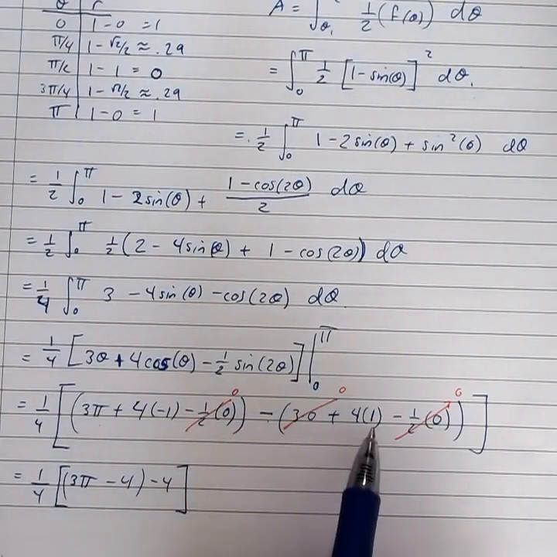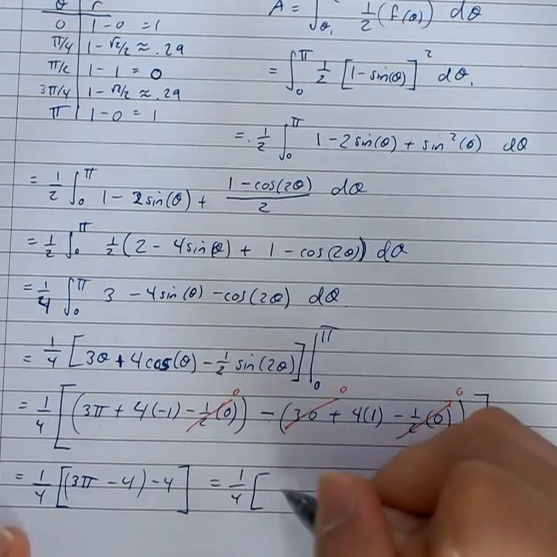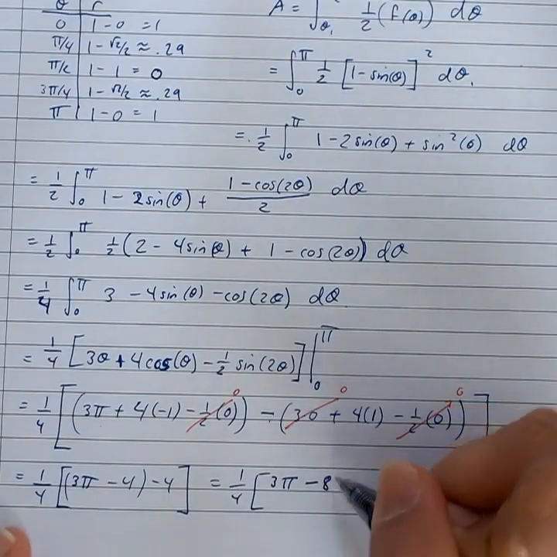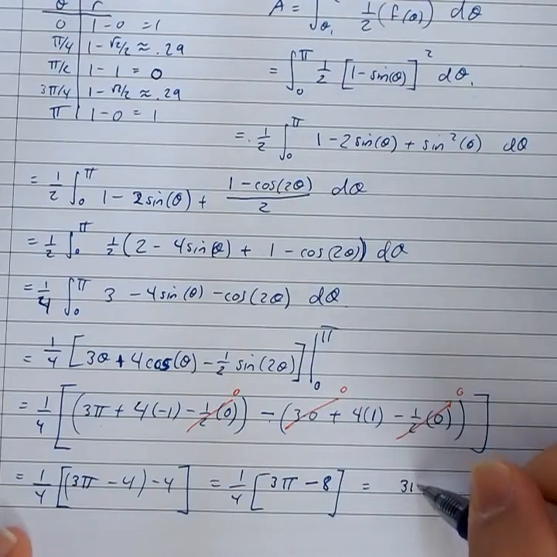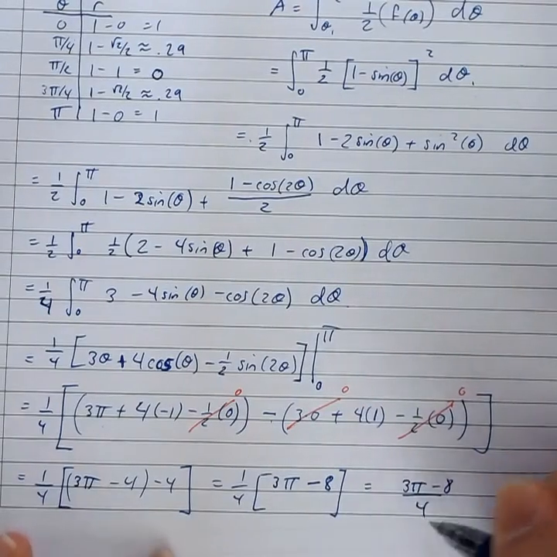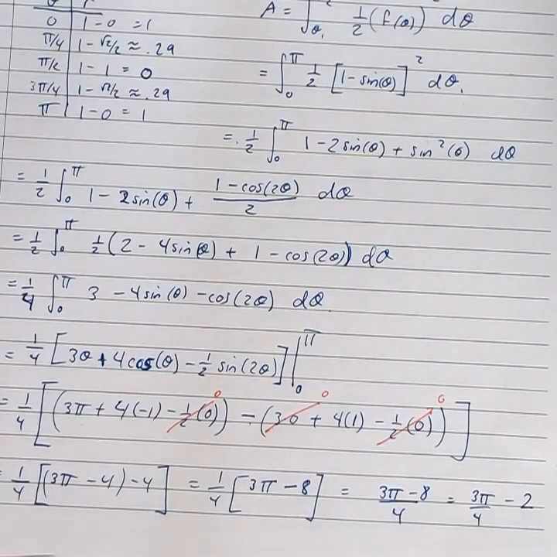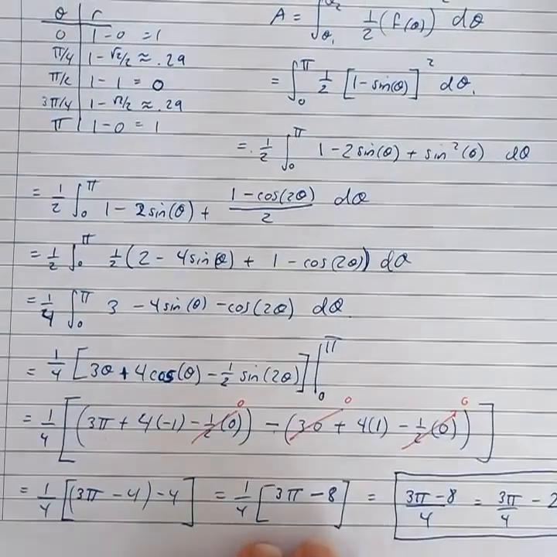So that's just going to give us 1/4 times 3 pi minus 8, combining my like terms here. And then I can divide everything by 4 to give me 3 pi minus 8 over 4. Or if you prefer, you can write that as 3 pi over 4 minus 2. Either of those is fine. And that's our result. Either of these is an acceptable way to write that.